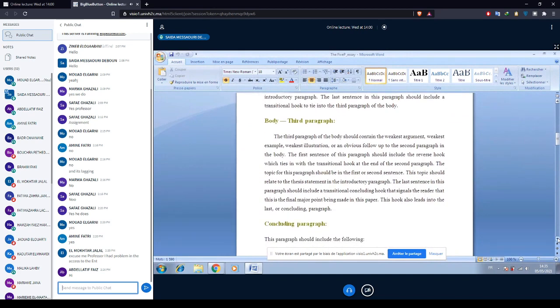So the third paragraph of the body should contain the weakest argument, weakest example, weakest illustration, or an obvious follow-up to the second paragraph in the body. For example, you're talking about your childhood, and you start when you were at primary school.